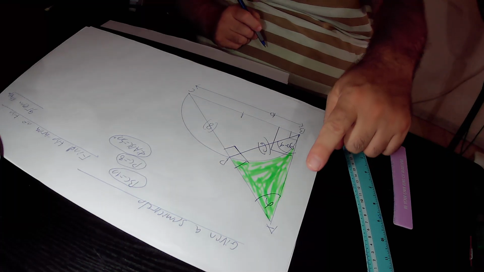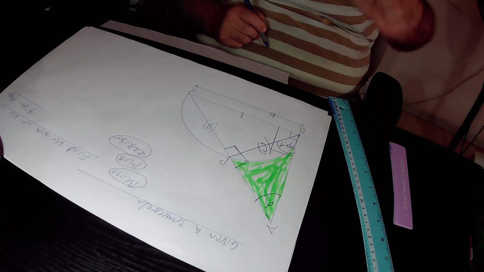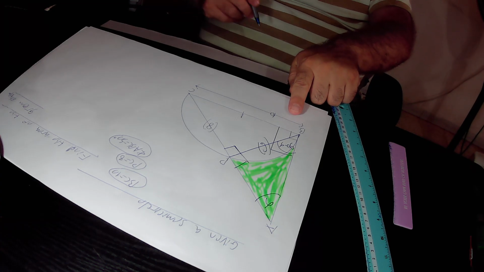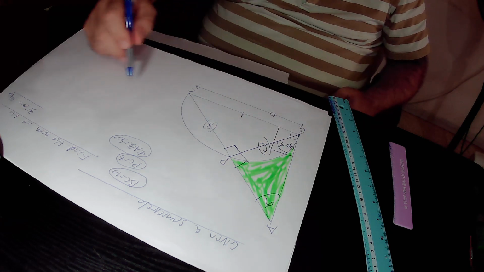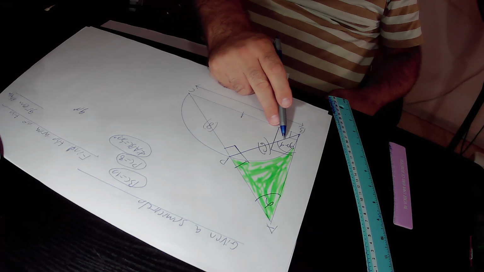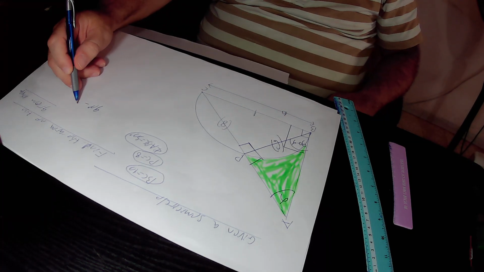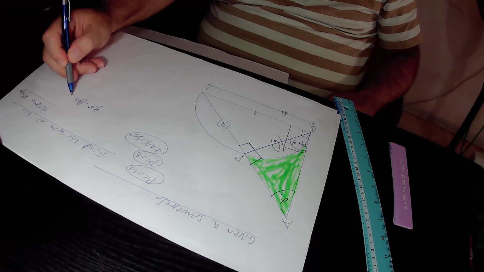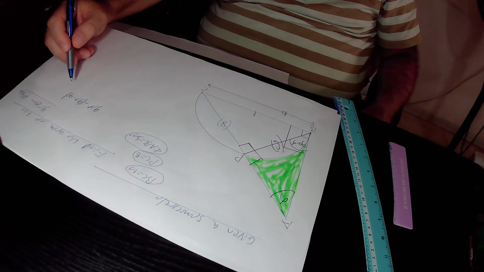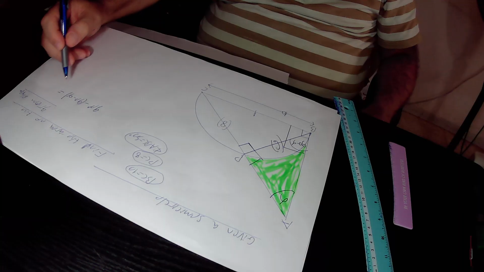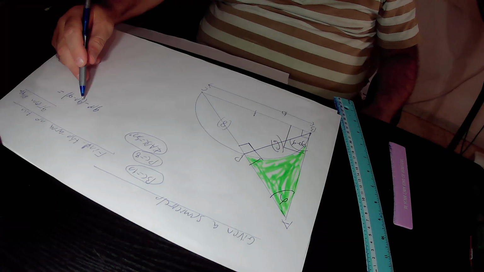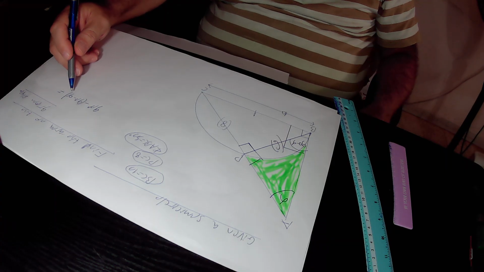We already found out that angle ABP equals 90 degrees, and therefore the size of this missing angle PBC must be equal to the size of the big angle, that is 90 degrees, minus the size of this angle, that is 90 degrees minus alpha. 90 degrees minus (90 degrees minus alpha) equals 90 degrees minus 90 degrees, which is 0, and minus times minus is plus.